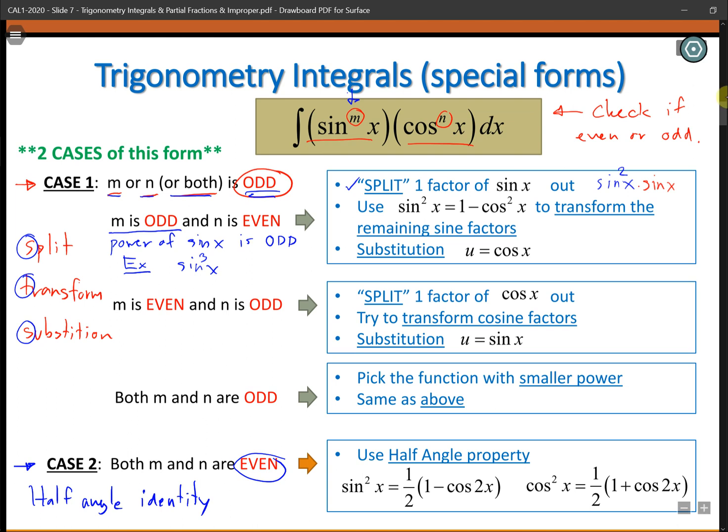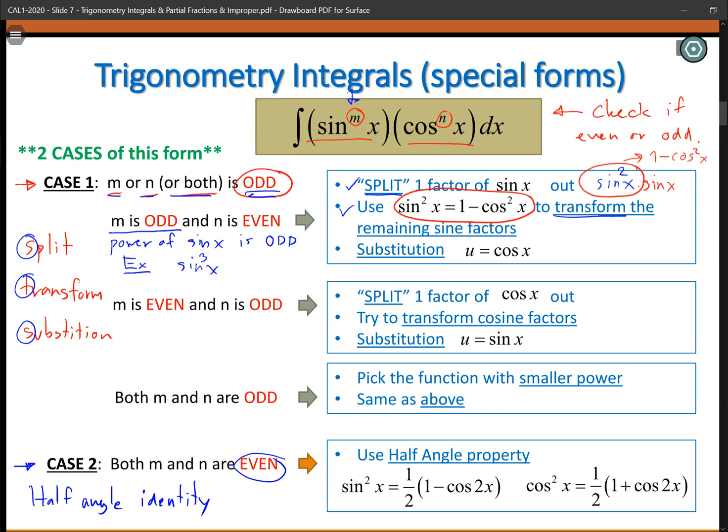After that, we perform the transform. The transform is going to apply to this sine squared term, the rest of the terms after the split, and we are going to use this property to transform it to 1 minus cosine squared x.